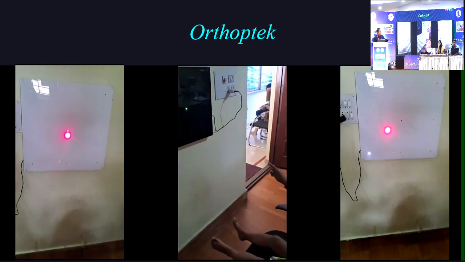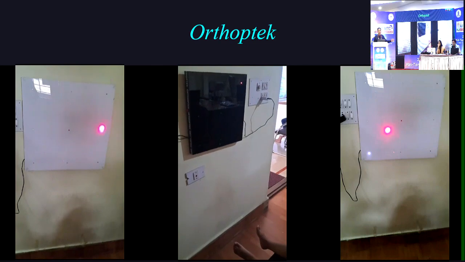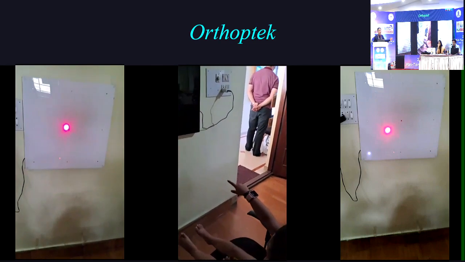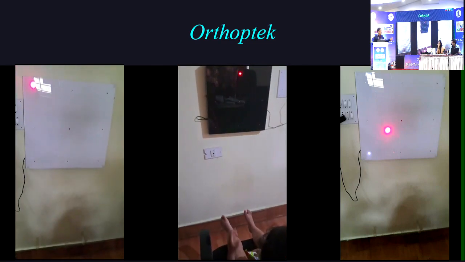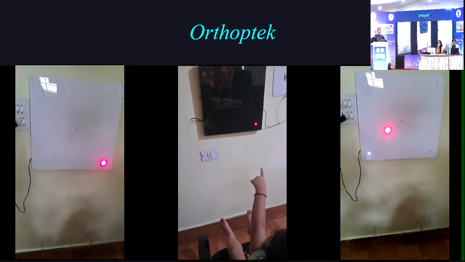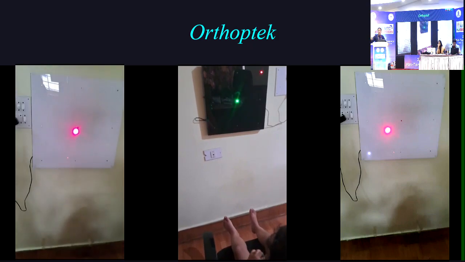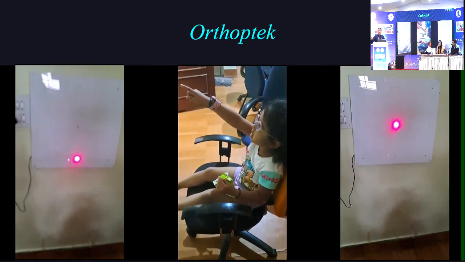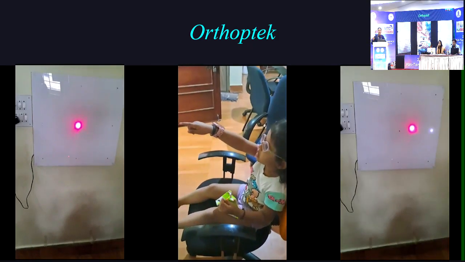So this is the simple principle on which the Orthoptech works. Not simple but a complicated principle, but simple to set up, and you can see how she is pointing out the lights which come on. Whenever the hand moves and the eye moves in that direction, the frontal eye field area is stimulated.